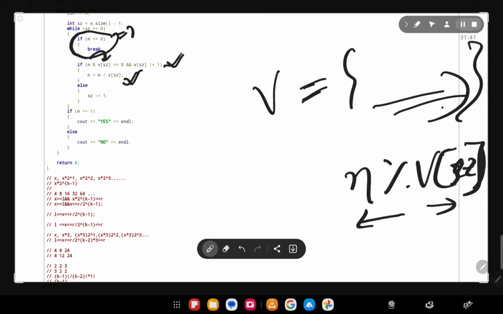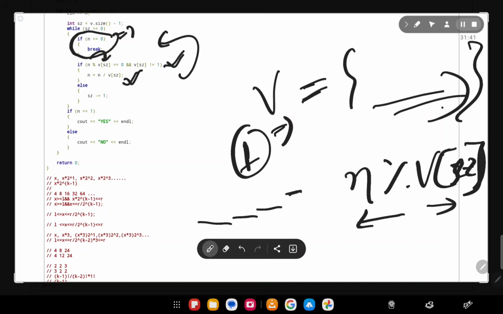And also that number should not be equal to 1, because if it is equal to 1, then I will have to compute it again, and then it will give you TLE. So I have to do that also. Basically if it is not dividing, then I go back, and if it is dividing, then I divide until it is not divisible by that particular number.